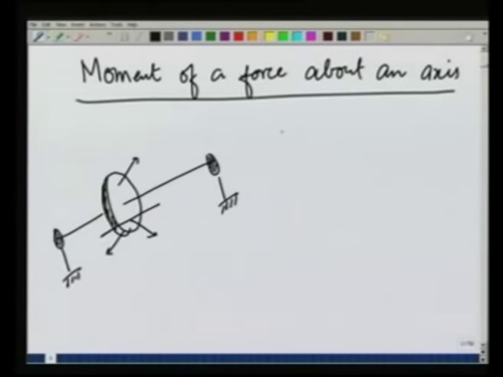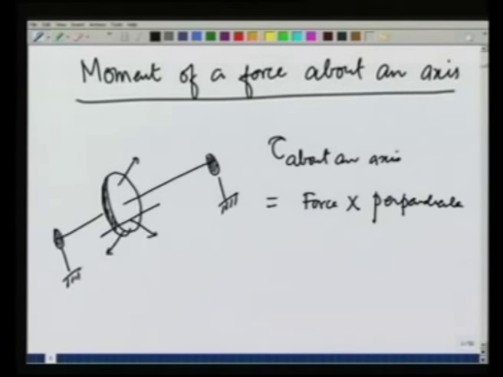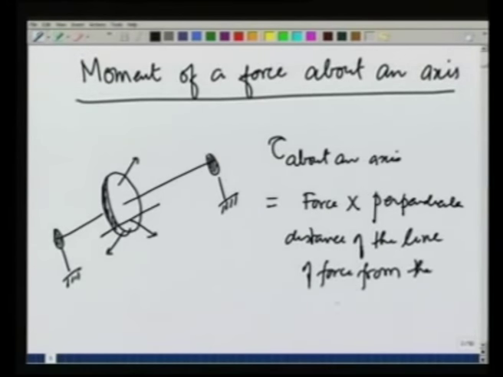And then if you recall your 12th grade physics, you have been defining torque about an axis as force times the perpendicular distance of the line of force from the axis.